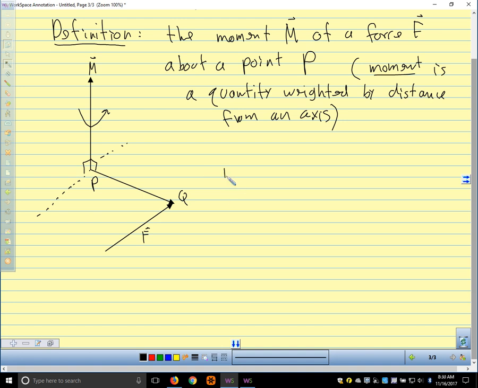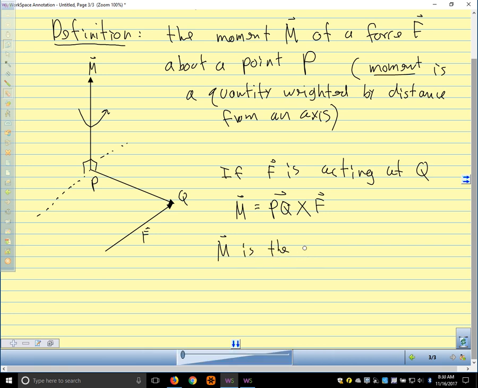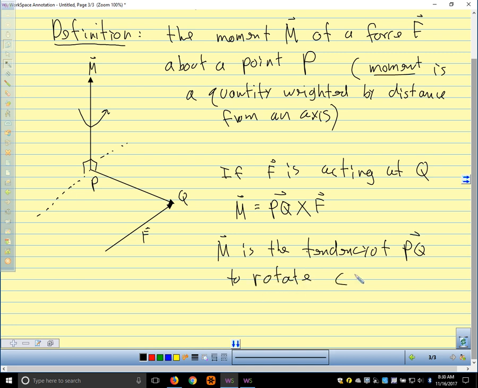So we're going to say if our force is acting at Q, our torque is given by PQ cross F. And the torque tells us the tendency of PQ to rotate about point P. And we're going to say to rotate counterclockwise.